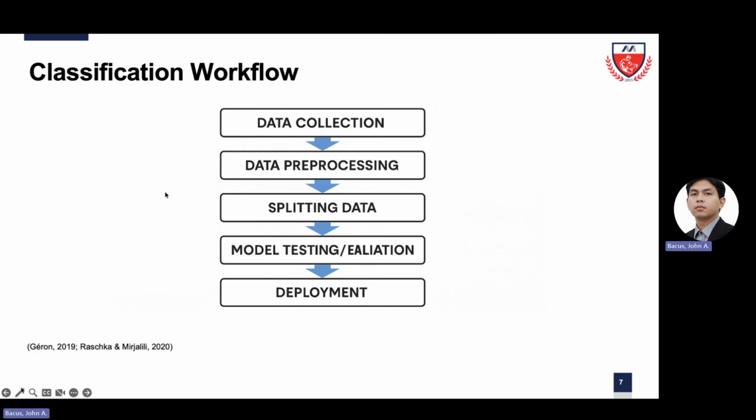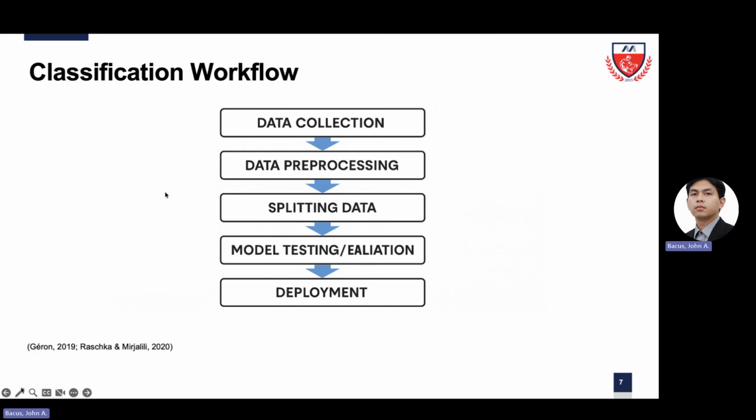To know the classification workflow, first, we have to collect the data. Whether it's labeled or unlabeled, we still have to pre-process it. For labeled data, we pre-process it according to its category. For unlabeled data, we remove the noise from it. Then we have to split the data. Should we allot 70% for training, or 80%, or 60%?